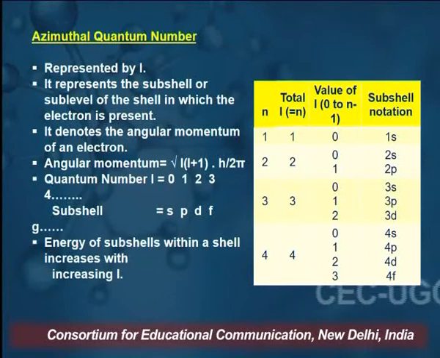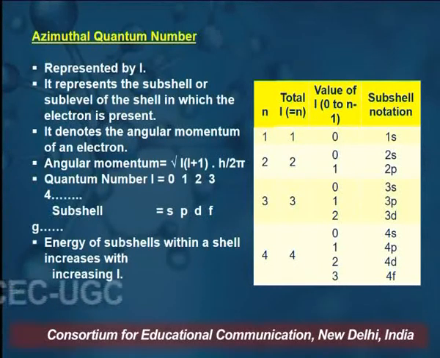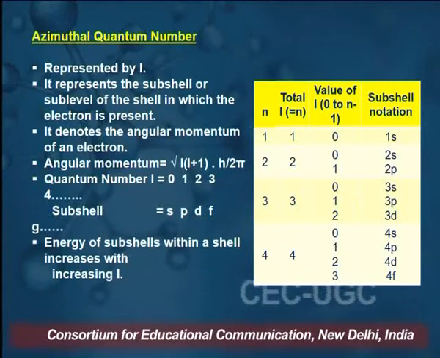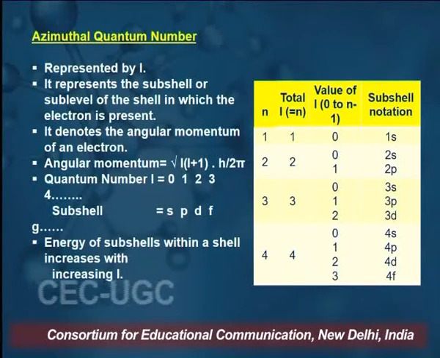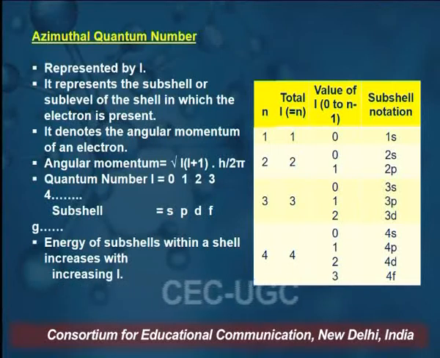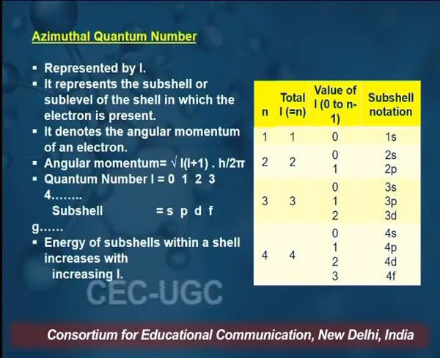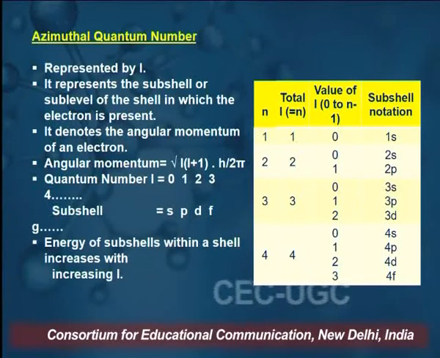The values will be 0 to n minus 1, that means 0, 1 and 2, and they will be written as 3s, 3p, 3d. 3s means n is equal to 3, l is equal to 0. 3p means n is equal to 3, l is equal to 1. 3d means n is equal to 3 and l is equal to 2, and so on for the other orbits.